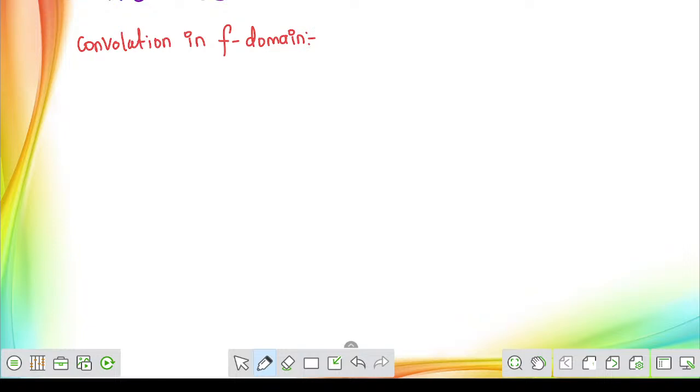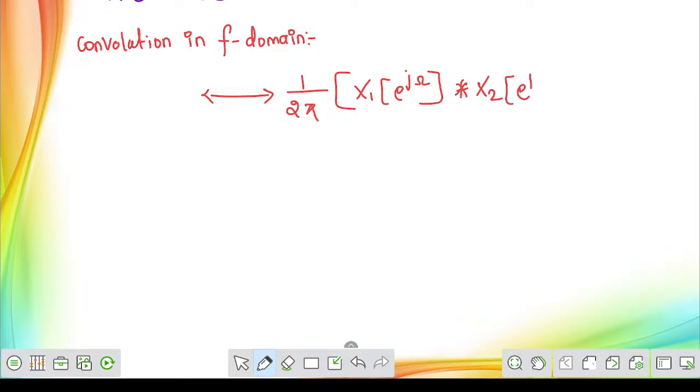If two signals are involved in convolution directly in the frequency domain, written as 1 by 2 pi times X1 of e power j omega convolved with X2 of e power j omega, then in the time domain they will simply get multiplied. That is, x1 of n multiplied with x2 of n. That's it.